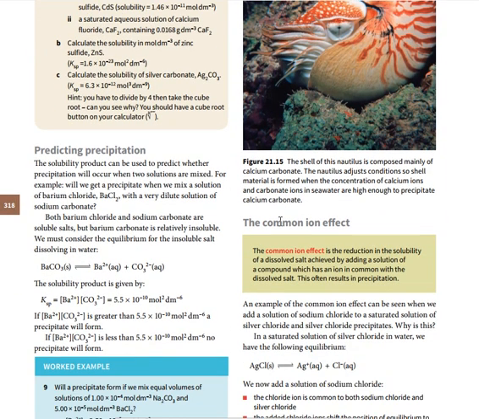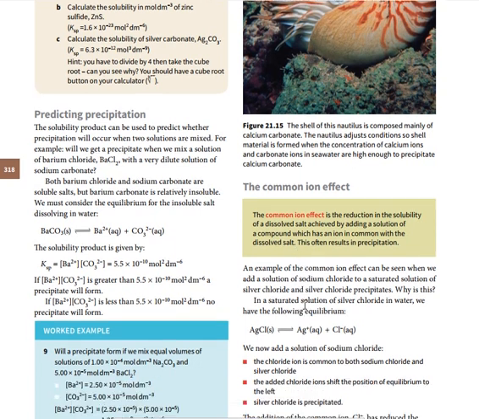So now the next one is the common ion effect. The common ion effect is the reduction of solubility of a dissolved salt achieved by adding a solution of a compound which has an ion in common with the dissolved salt. So in this case, what are you going to visualize? An example of the common ion effect can be seen when you add a solution of sodium chloride to a saturated solution of silver chloride.